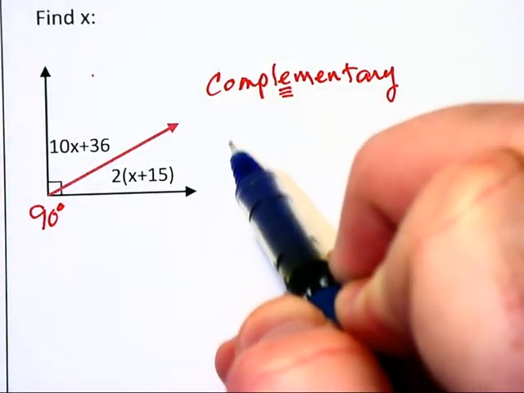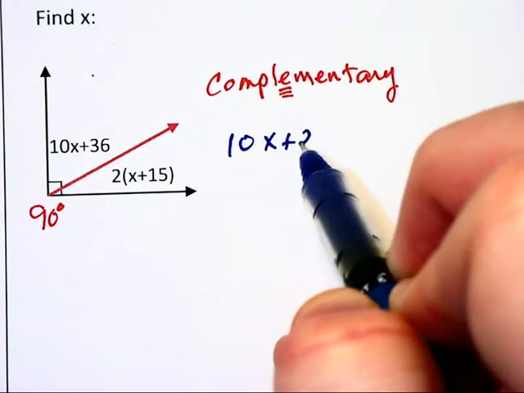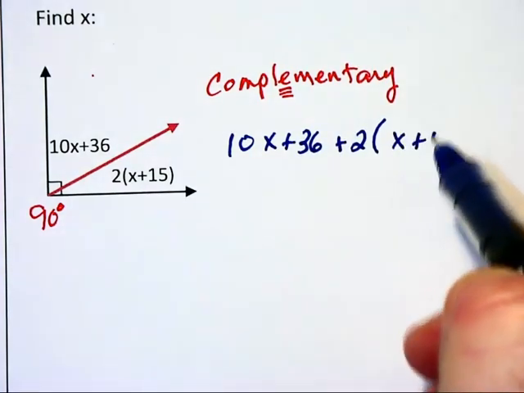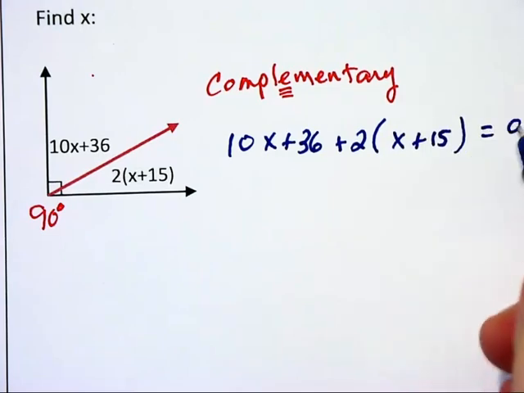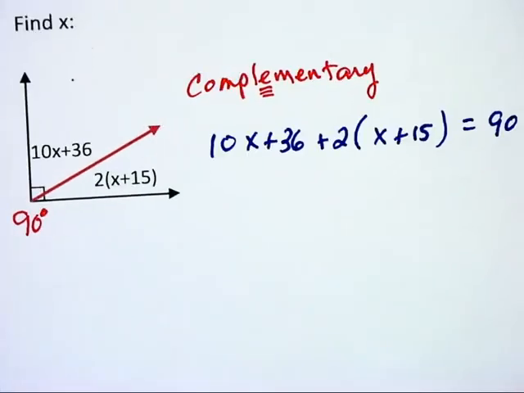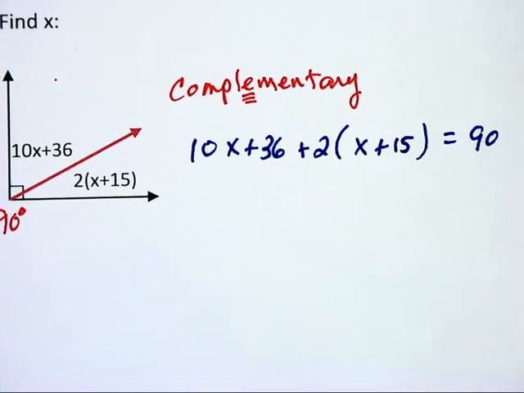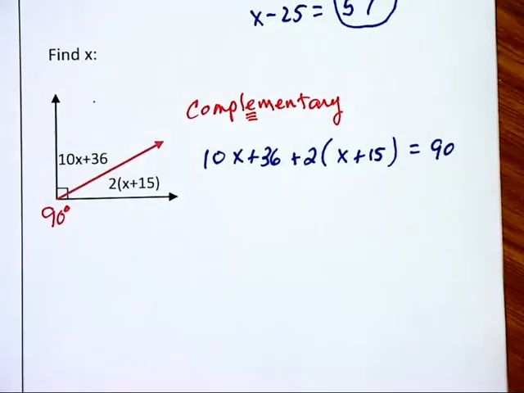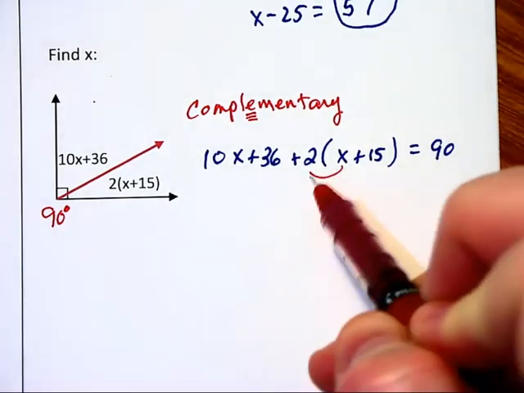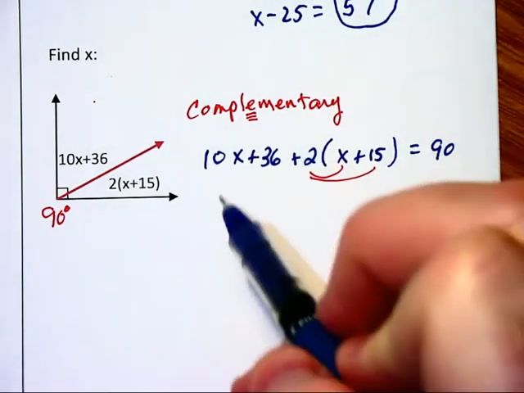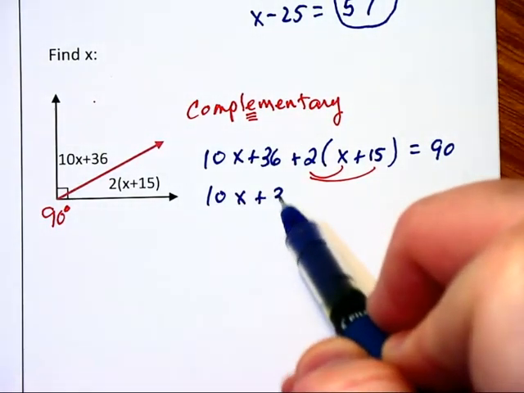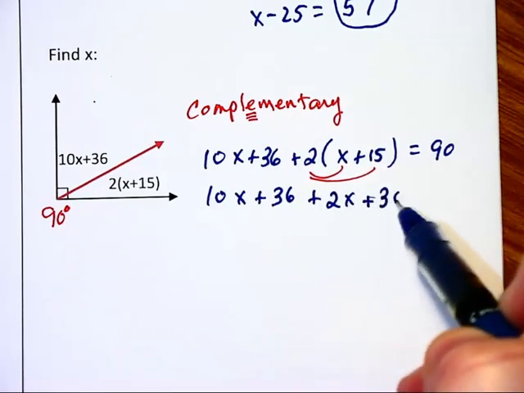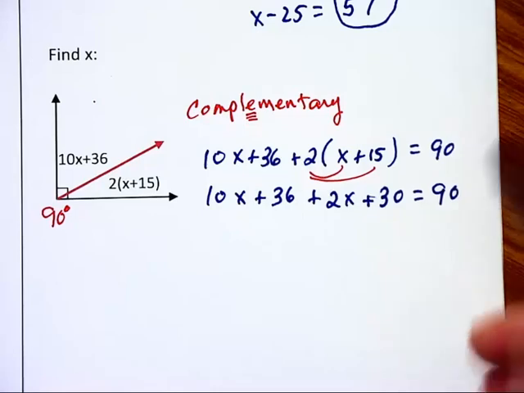So we have 10x plus 36 plus 2 times the quantity x plus 15 equals 90. And now it's just a standard equation for us to solve. Let me zoom out just a bit here. And distributing, we will have 10x plus 36 plus 2x plus 30 is equal to the 90.